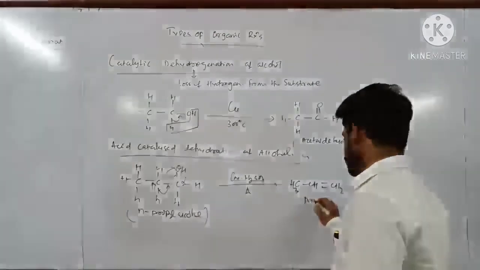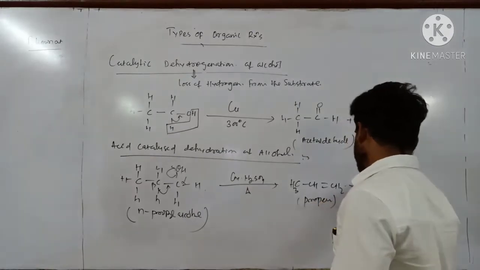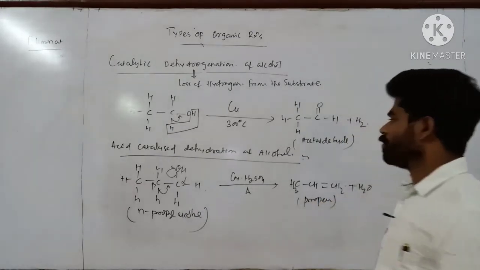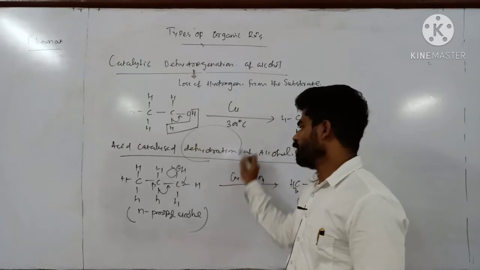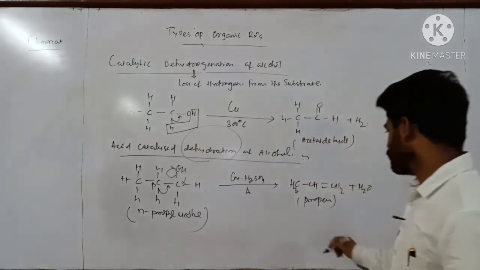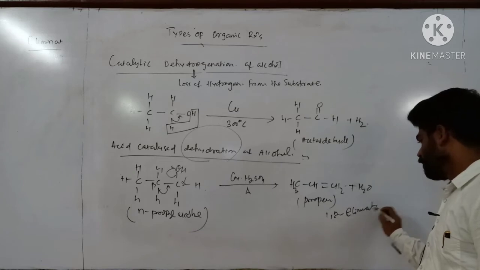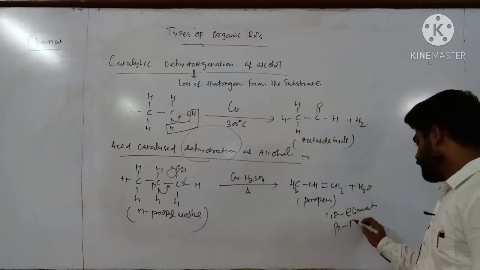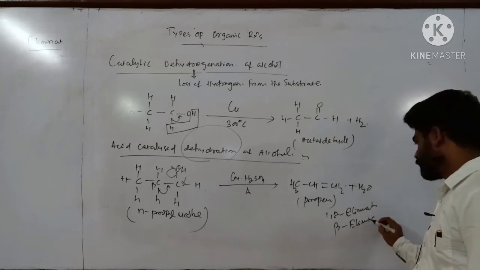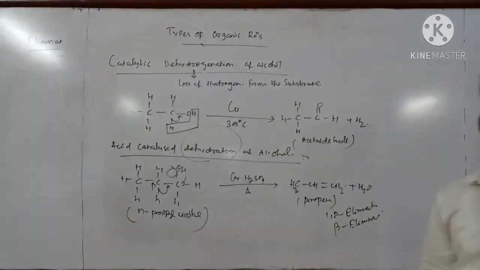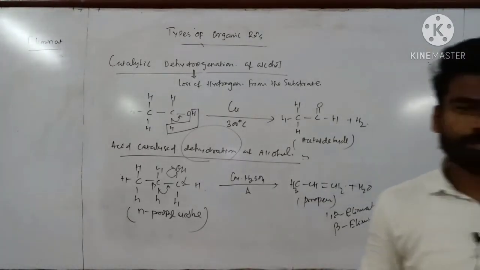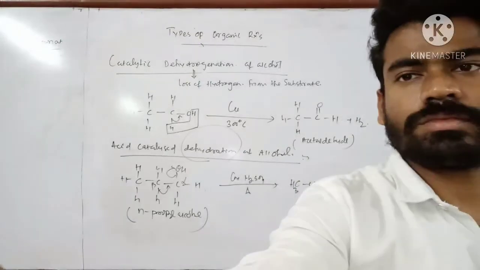This one is propene. Loss of water molecule is there, so loss of water is called dehydration. Again 1,2 elimination, or it is called beta elimination. Clear?